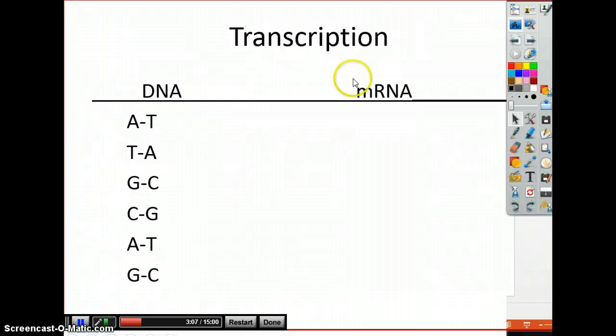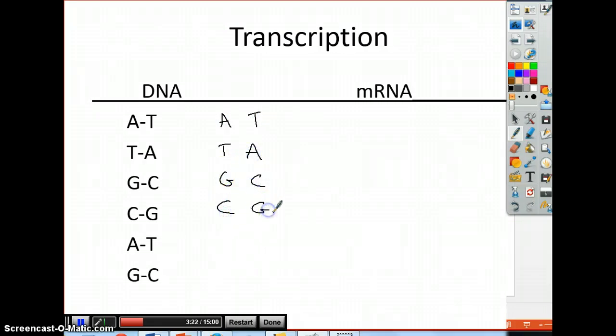Then we have transcription. With transcription, RNA polymerase comes along and splits the DNA. Then it will take one strand of the DNA, and we'll use the right-hand side, and it will make mRNA.